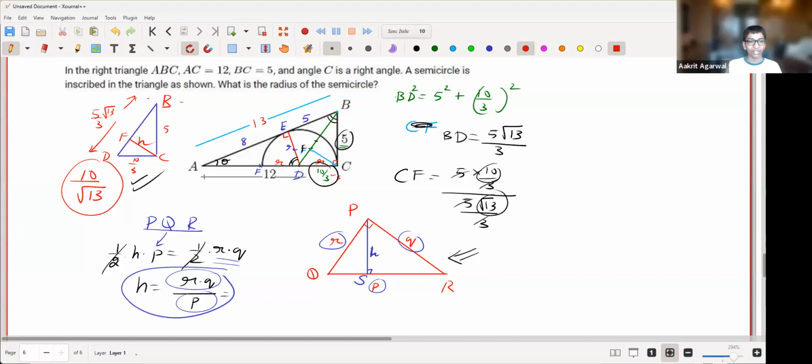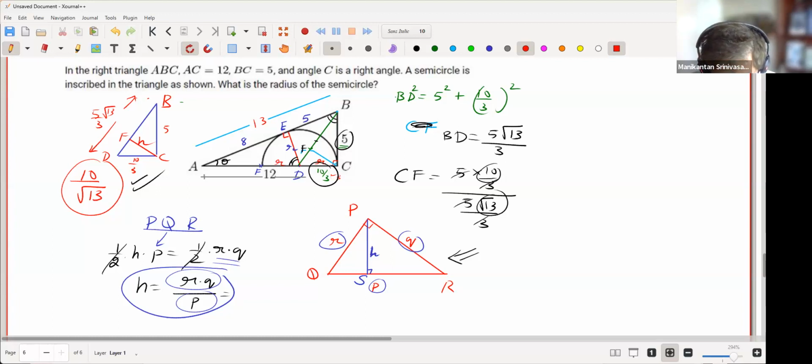Maybe 1 upon the small side plus 1 upon medium side equals 1 upon the height, the other height, like the one in this. I think there's some formula like that. I saw a video. Let me just think. 1 upon this plus 1 upon this equal to 1 upon this.